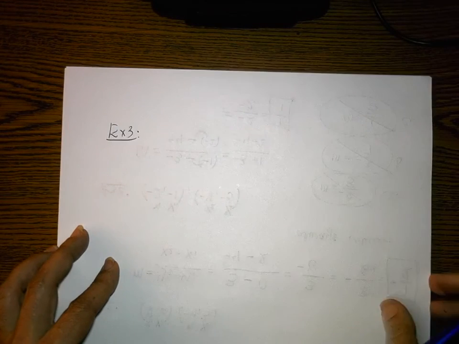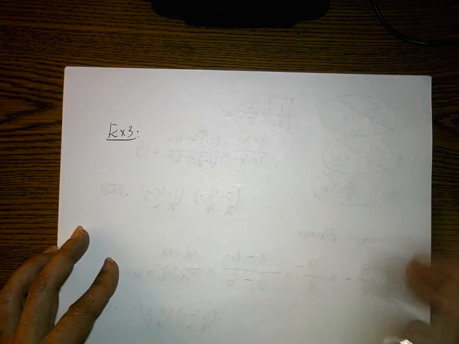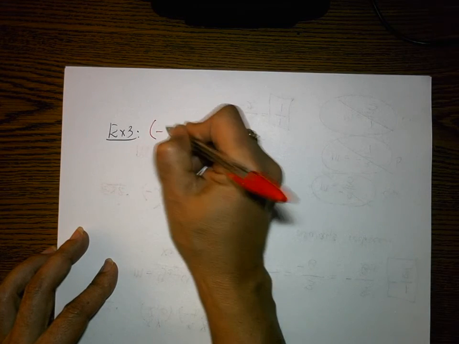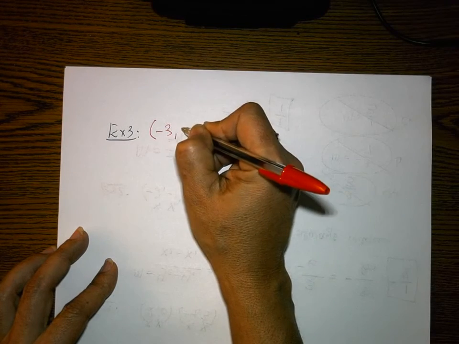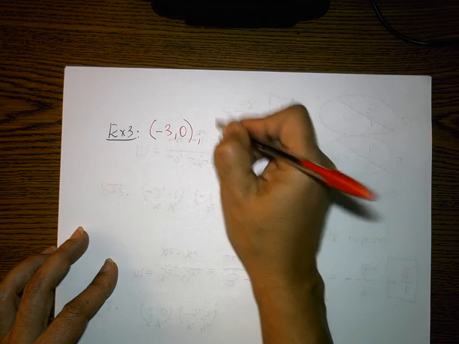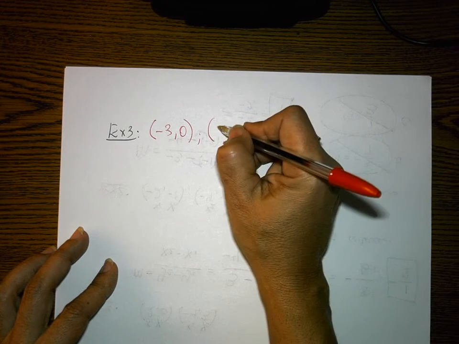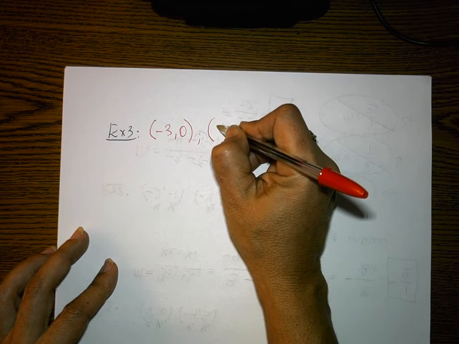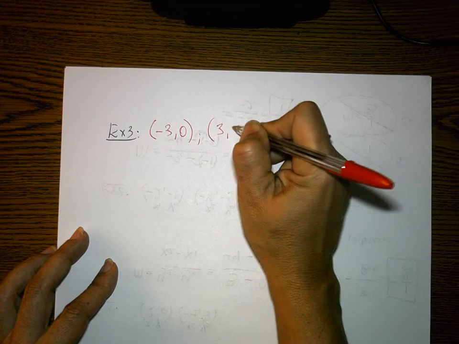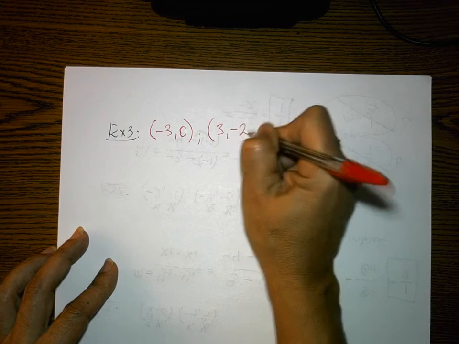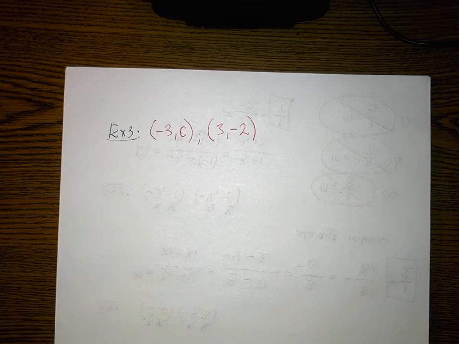All right, example number 3. I'm going to throw in some negatives at you guys. Negative 3 comma 0, and let's do 3 comma negative 2. I don't even know if that's going to work, but let's find out what happens.